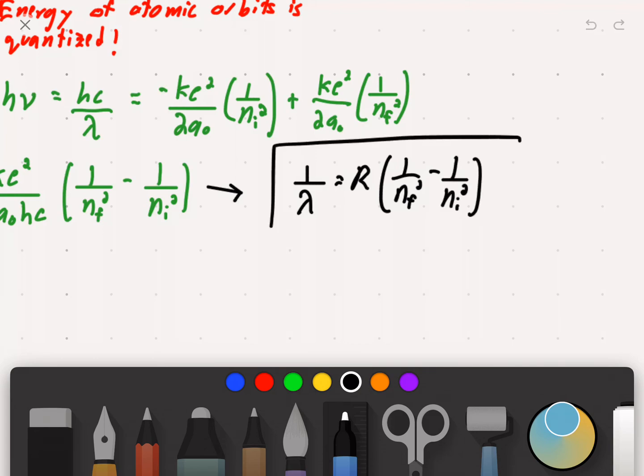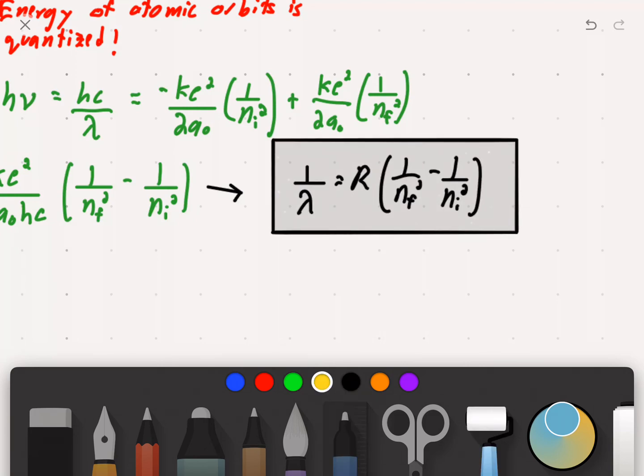So Bohr's model was able to explain the Rydberg formula and all of this important stuff for the emission of radiation, or emission of light from stars, and the emission of light from atoms.